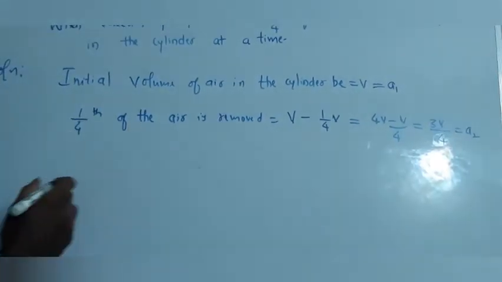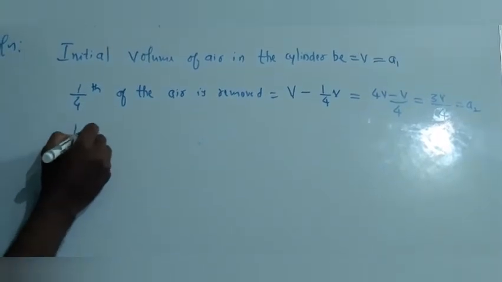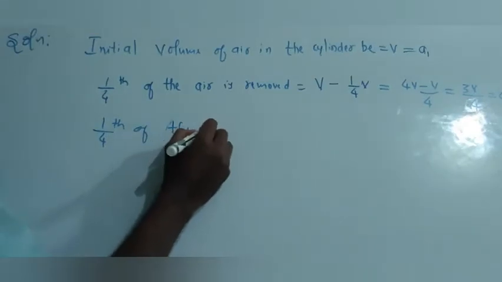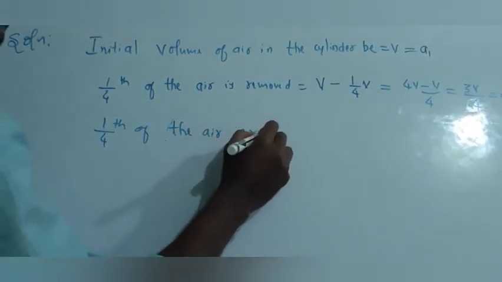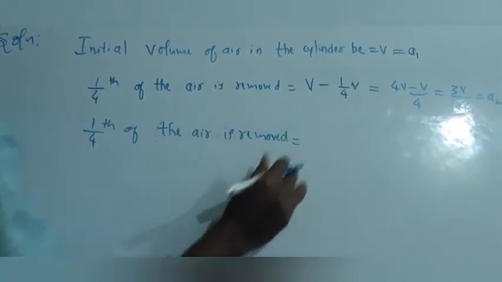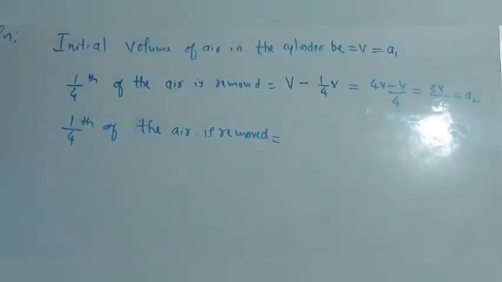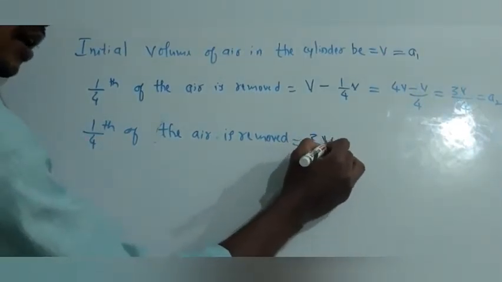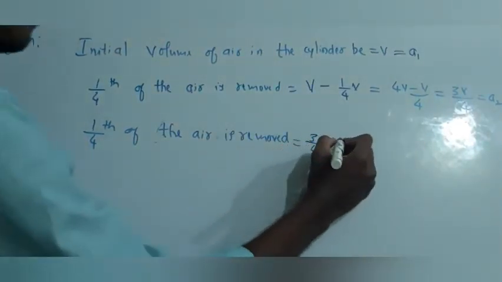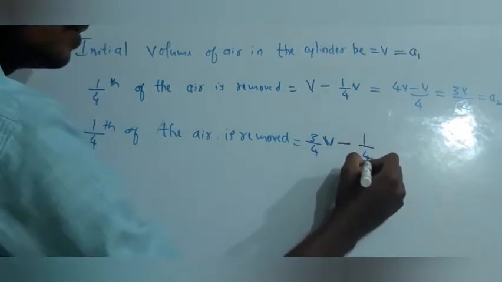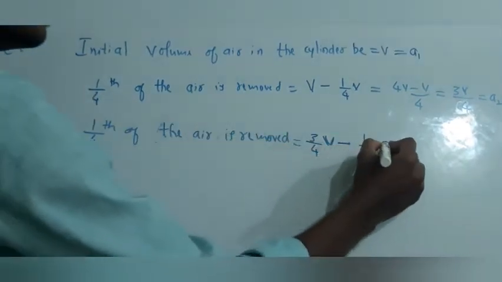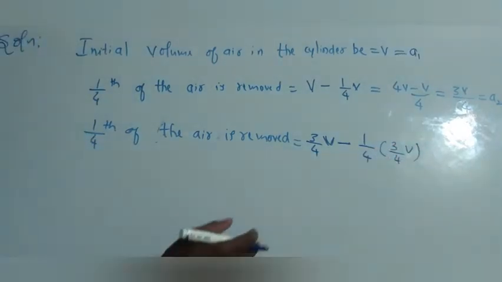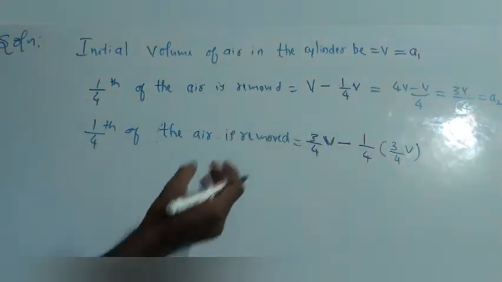Next, again 1/4 of the air is removed. See, what is left now? 3 by 4 V is left now. From this, 1/4 of this volume will be removed. Every time 1/4 of whatever volume is left will be removed.